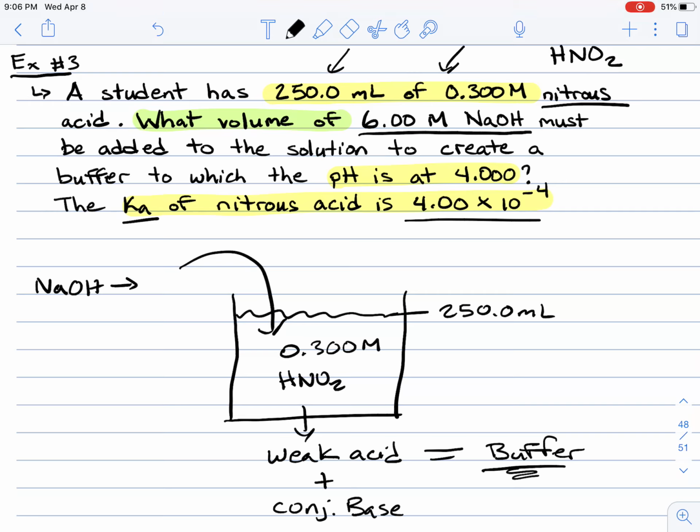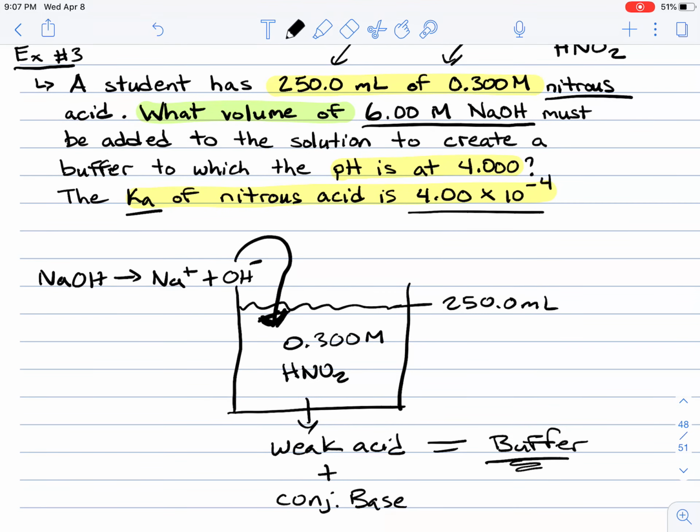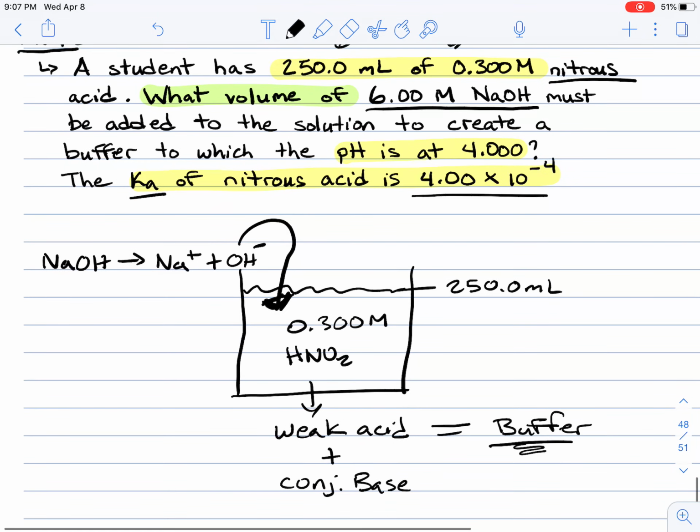When we add this substance in solution, the sodium is going to separate from OH minus. Let me redraw this arrow here so that the hydroxide, which is the base of that specific compound, is going to react with a weak acid.